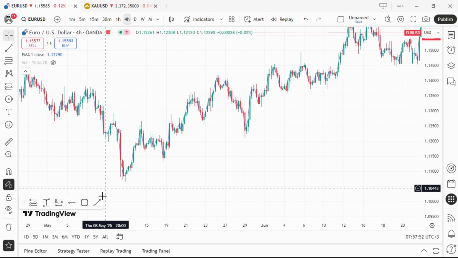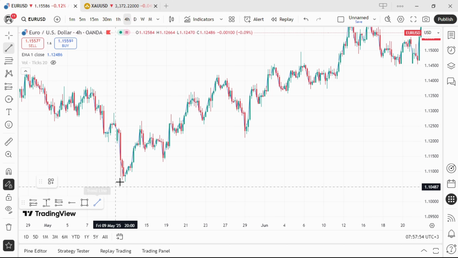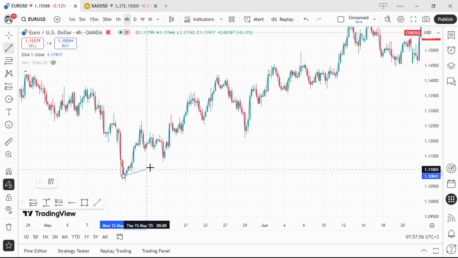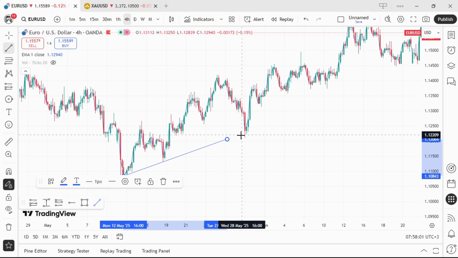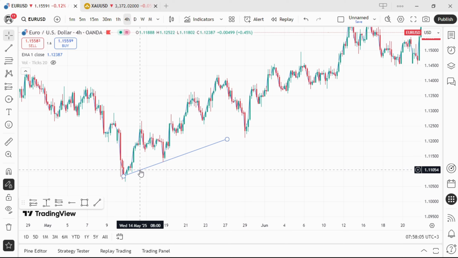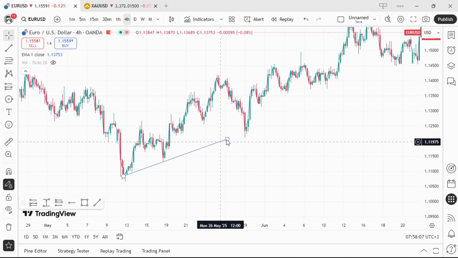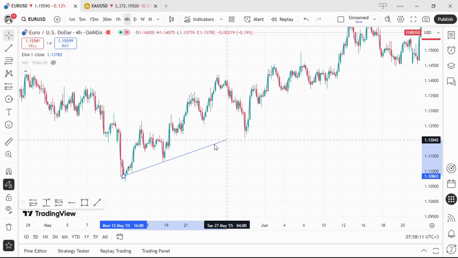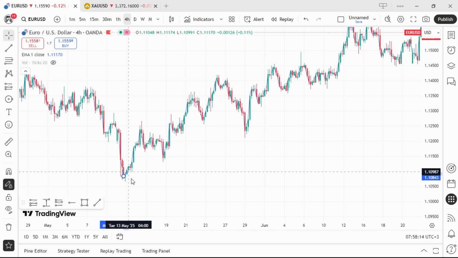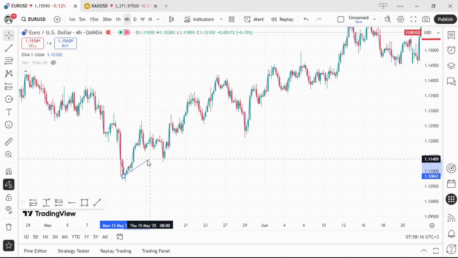You get your trend line tool, mark a low, take it to the next low, and drag here. So we're now using this low and this low, these two.